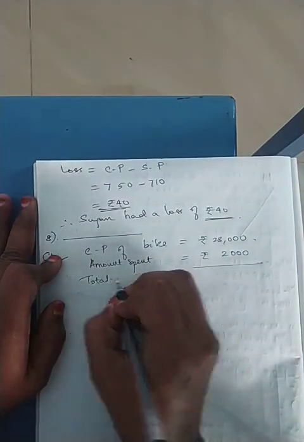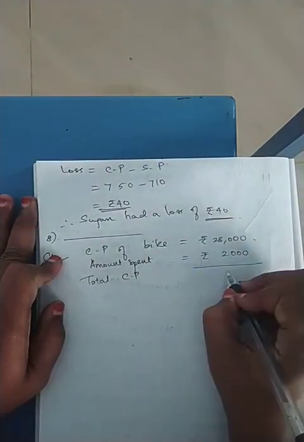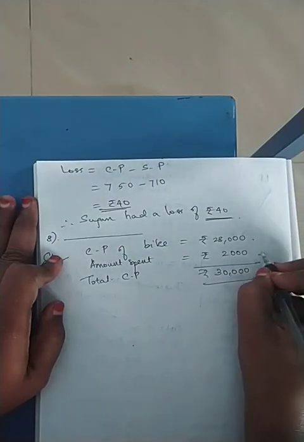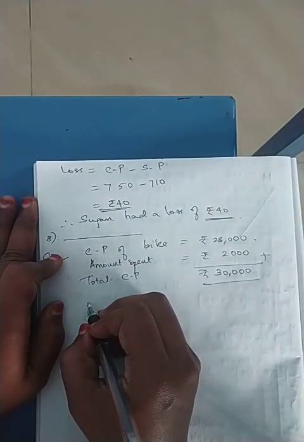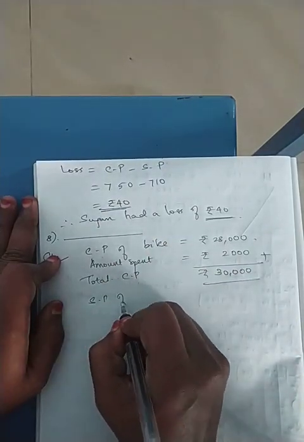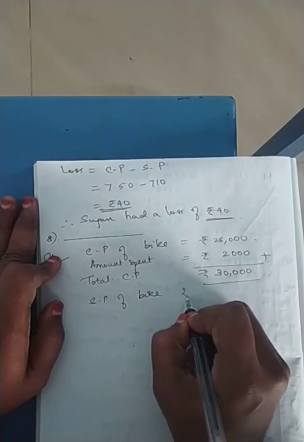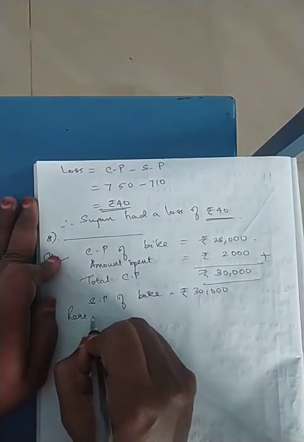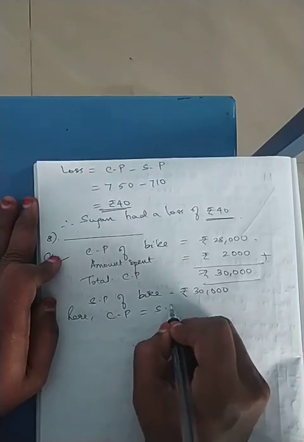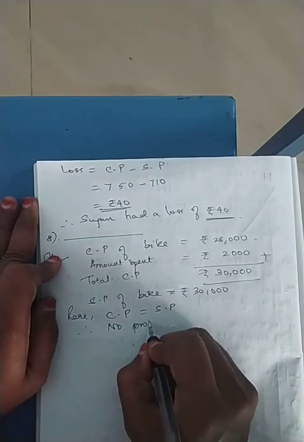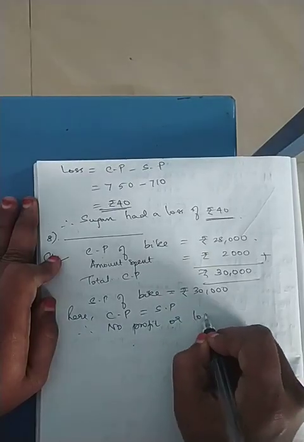Total CP now will become 30,000, is it not? Because he is putting 2,000 from his pocket. Now he is selling it for 30,000. So SP of the bike is given as 30,000. So what I can say here, CP is equal to SP. Therefore there is no profit or loss.